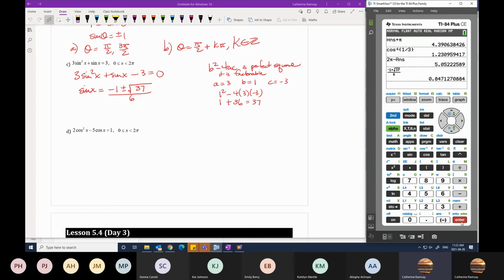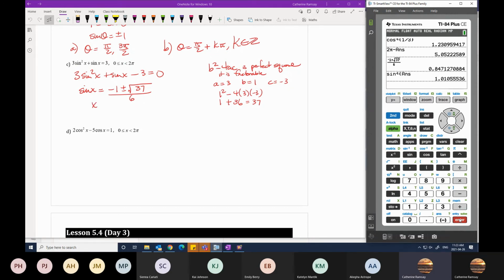Now, this is not the inverse. This is just what the right side evaluates to. So we're actually going to find the inverse sine of this. So inverse sine of the previous answer is my angle. So that's my reference angle.